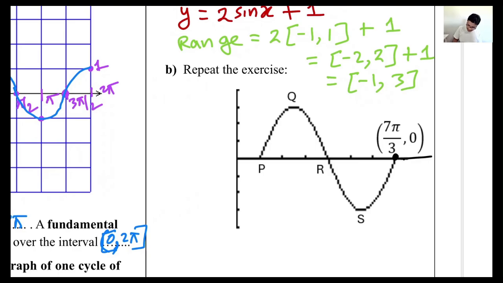So it seems this is still your x-axis, and that's your y-axis, and that's the average position here. So there is no vertical shift here, but there is a horizontal shift. Your graph doesn't start at the origin like the normal sine x graph.